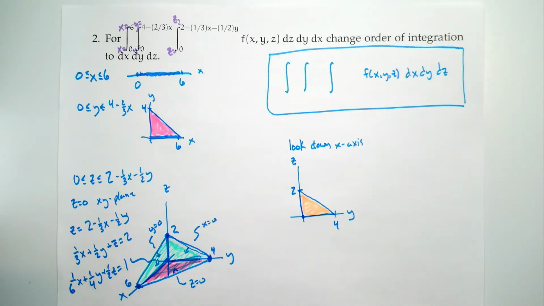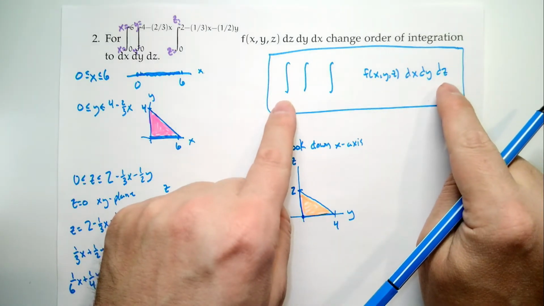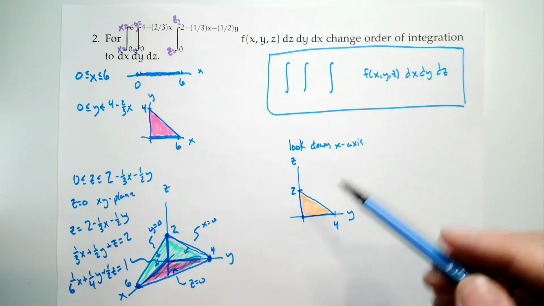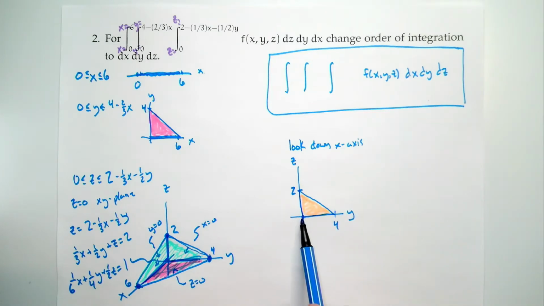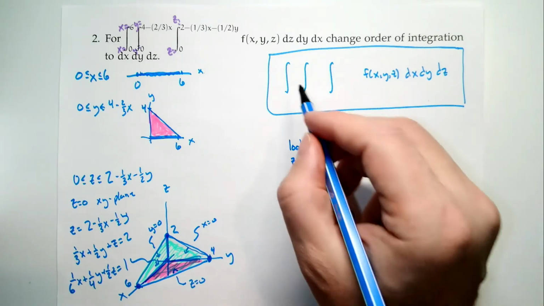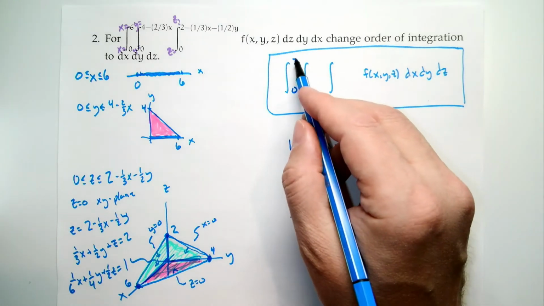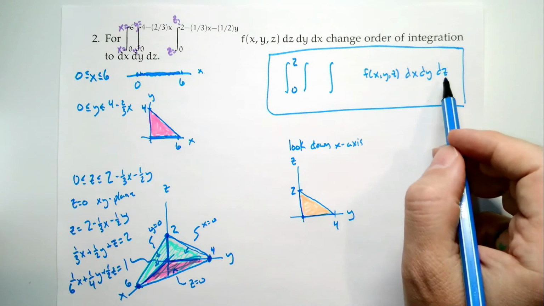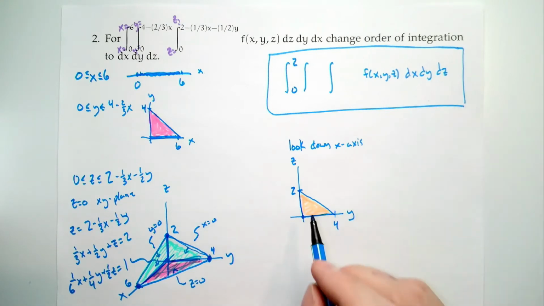Our outer layer is z. Where does z go from? Well, the lowest value is at 0, and the highest value is at 2. 0 up to 2. Now, I figured out z. The next thing is y.